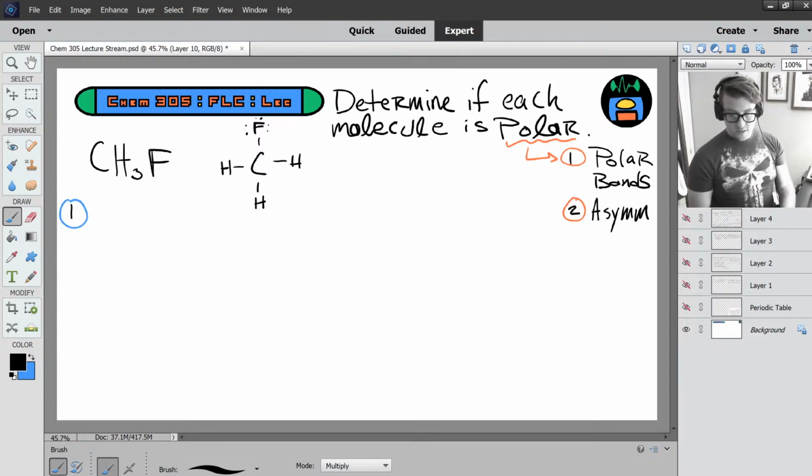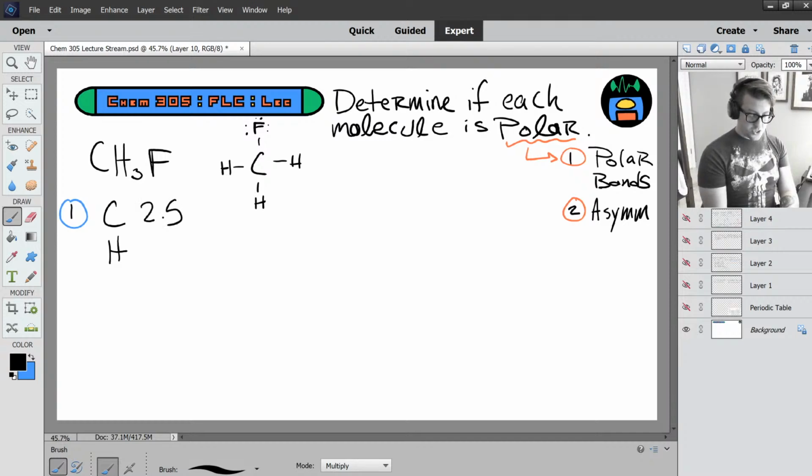All right, so here we need to look at the electronegativity difference for hydrogen and carbon, which is 2.5 and 2.1, but we also need to look at the electronegativity difference for fluorine and carbon.